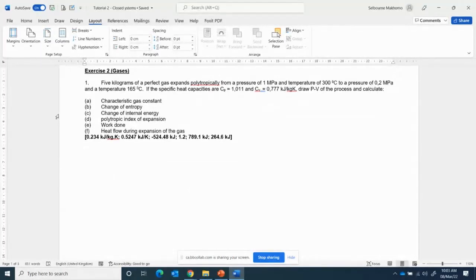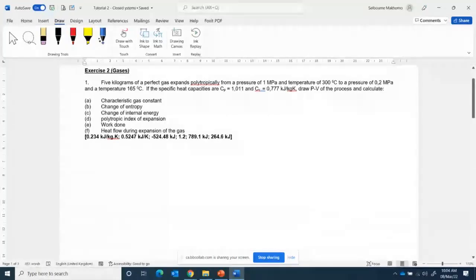So when a gas expands, it means that the pressure decreases but the volume increases. So you start by drawing a PV diagram.